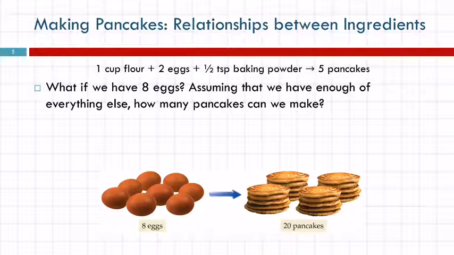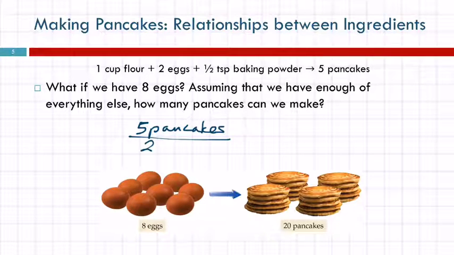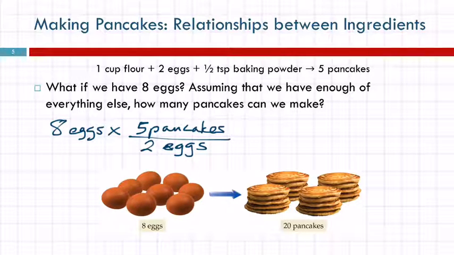Let me show you what went on in your head, whether you realize it or not. Well, there's 5 pancakes for every 2 eggs. If we have 8 eggs, 5 pancakes per 2 eggs, that gives us 20 pancakes.